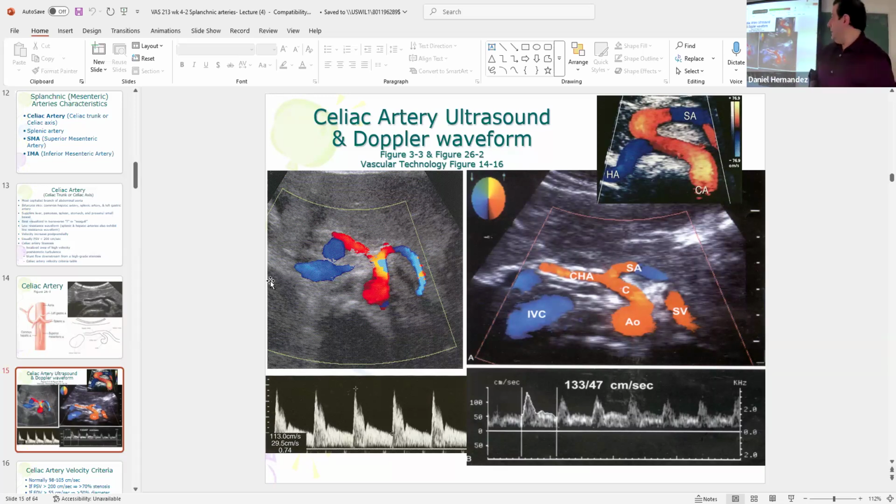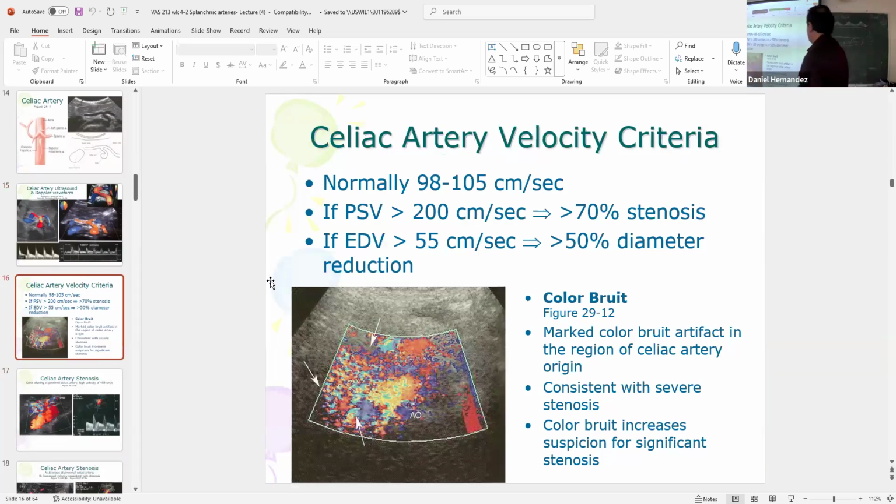And you're going to measure peak systolic and end diastolic with these, measuring those RIs. Normally, it should be around 100 centimeters per second. Again, if peak systolic velocity exceeds 200 centimeters per second, it equates to a greater than 70% stenosis.